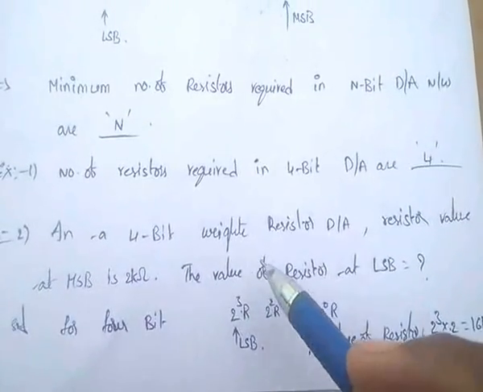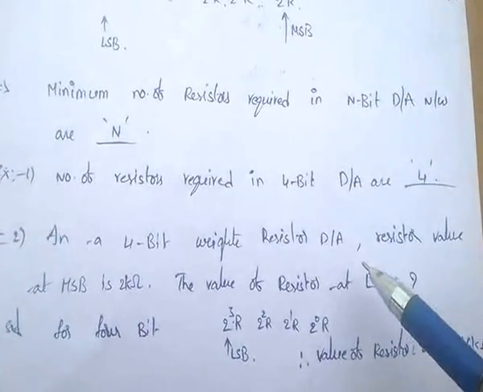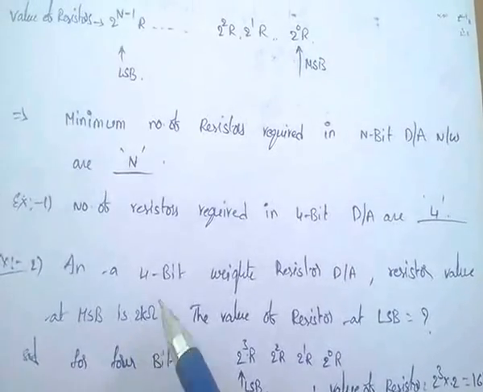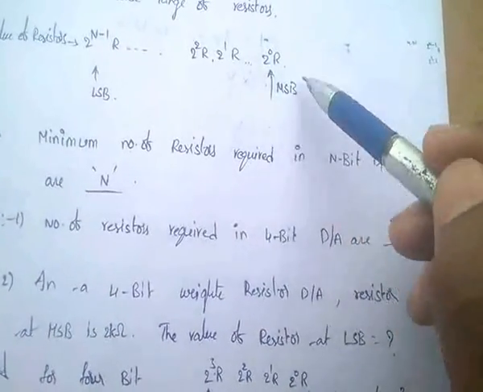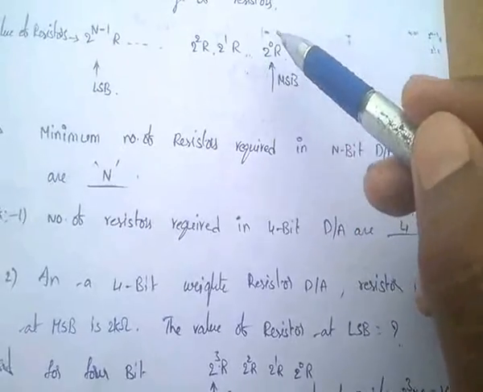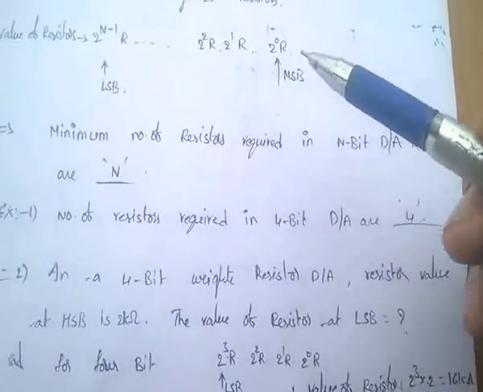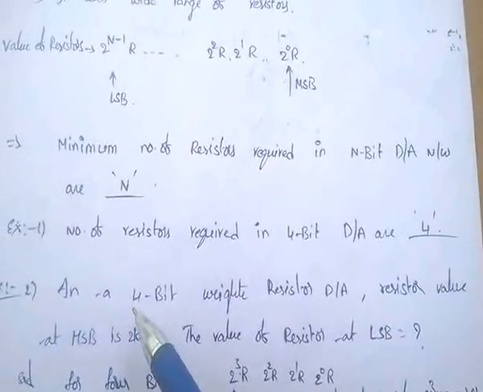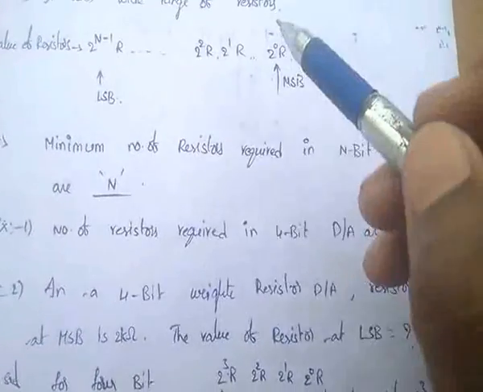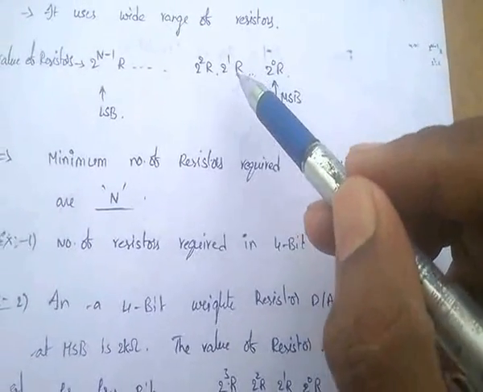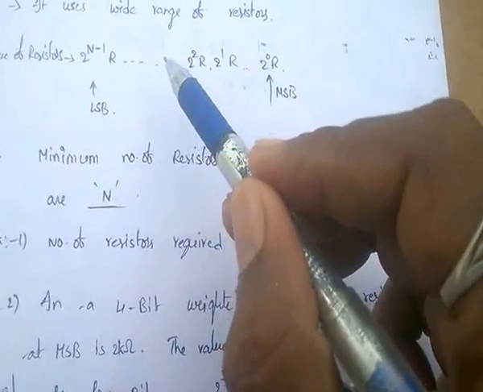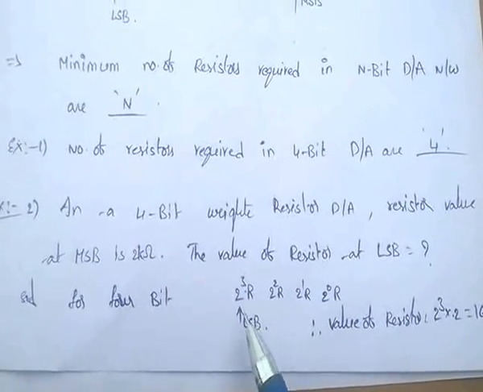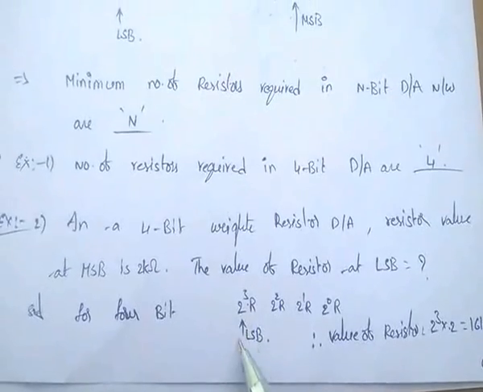In a 4-bit weighted resistor D to A converter, the resistor value at the most significant bit is 2 kilo ohms. The value of resistor at LSB is asked. For 4-bit, we have 2 power 0 R, 2 power 1 R, 2 square R, and 2 cubed R. This is the LSB.